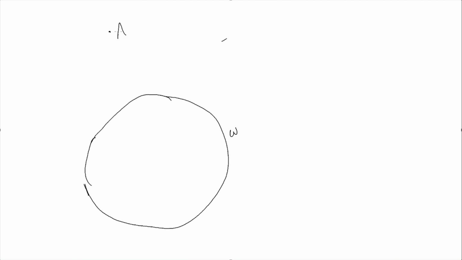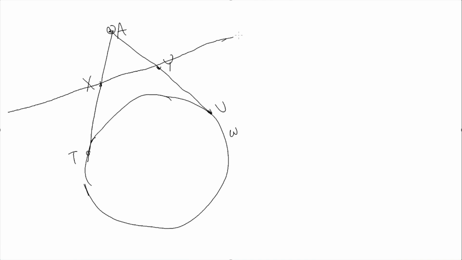So we have A here, this is T, and this is X. Then that means that X is the midpoint of AT. And we can also construct this other tangent U. So therefore, the radical axis of the circle with radius 0 centered at A and this circle omega here is just this midline here, the line connecting the midpoints of AT and AU.